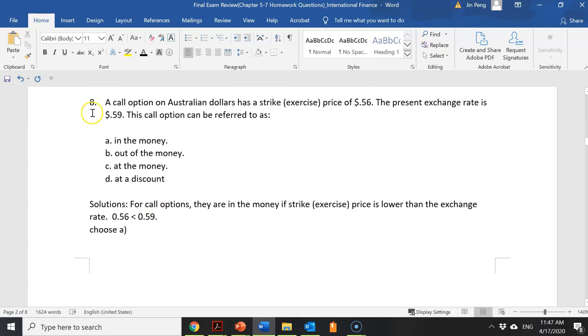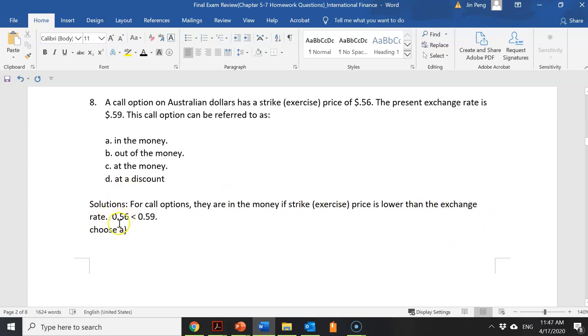Question number 8. A call option on Australian dollars has a strike or exercise price of $0.56. The present exchange rate is $0.59. The call option can be referred to as option A is the right answer, in the money. Okay, for call options, they're in the money if strike or exercise price is lower than the exchange rate.